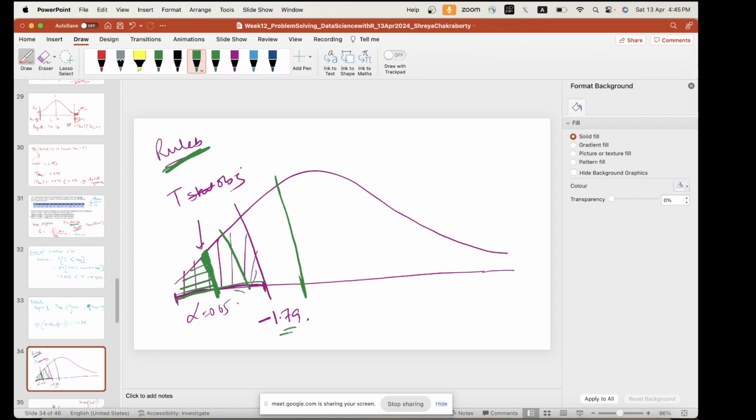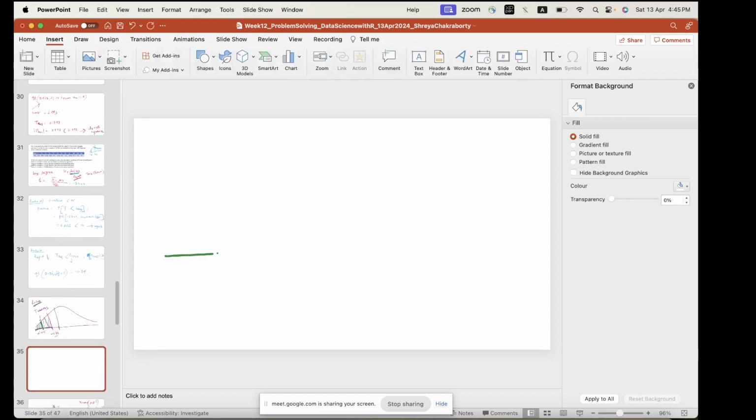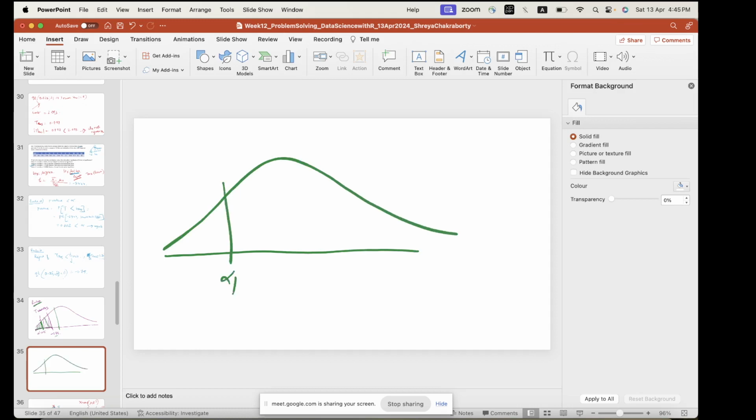Okay. So let's say you have a two-sided test. This is your alpha by 2 cutoff point, and this is also your alpha by 2 cutoff point, such that this area is alpha by 2 and this area is also alpha by 2.